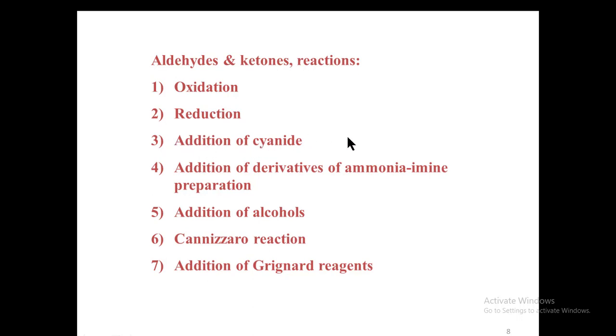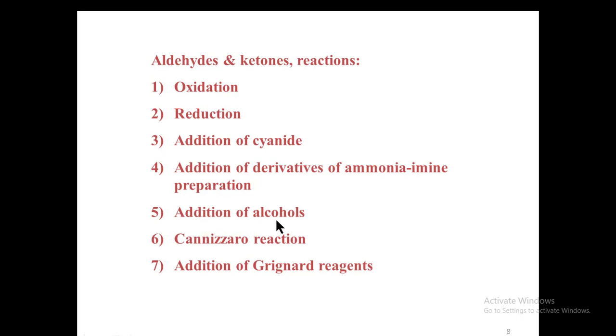Cyanide can be added to form cyanohydrin. Cyanohydrin contains hydroxyl group which can be converted into carboxylic acid. Ammonia and ammonia derivatives give us imine, oxime, hydrazone.